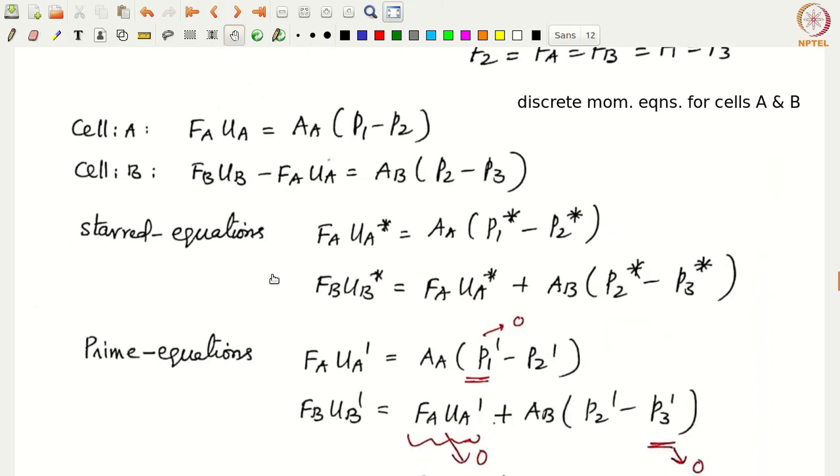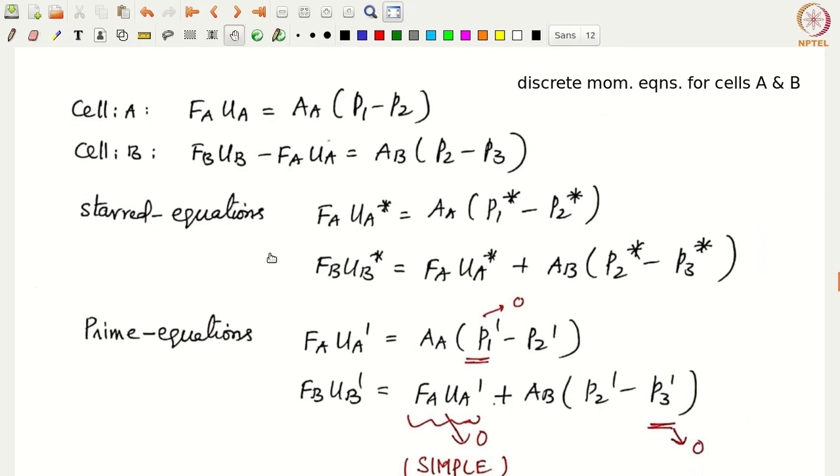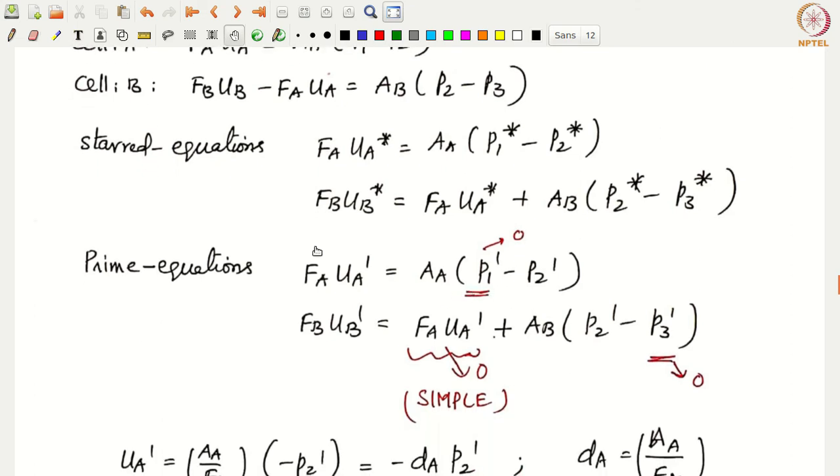Then how do we construct the prime equations? Prime equations are basically obtained by subtracting the star equations from the original equation. That means you get FA times UA prime, because UA minus UA star gives you UA prime, equals AA times P1 prime minus P2 prime. That's the prime equation for cell A. The prime equation for cell B would be FB UB prime equals FA UA prime plus AB times P2 prime minus P3 prime.